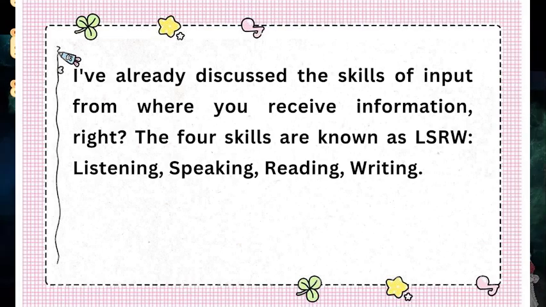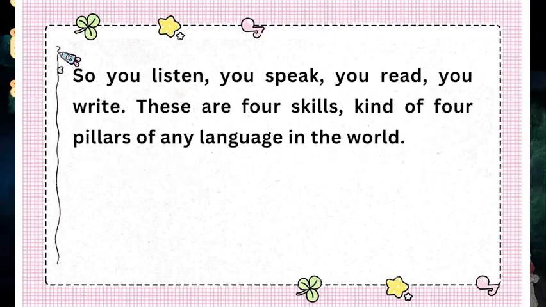The 4 skills are known as LSRW: listening, speaking, reading, writing. So you listen, you speak, you read, you write. These are 4 skills, kind of 4 pillars of any language in the world.